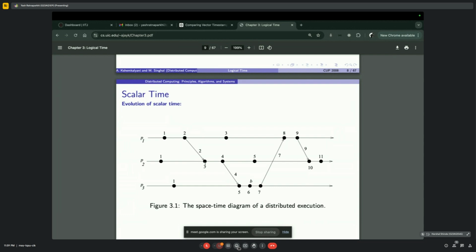See, this event 3. What is this event doing? Is any event happening there? No, it's not anything. It's very specific to receive an event, receive a message. Nothing more than that. It is very restricted to receive a message. This one is restricted to internal state change. This one is restricted to send a message.